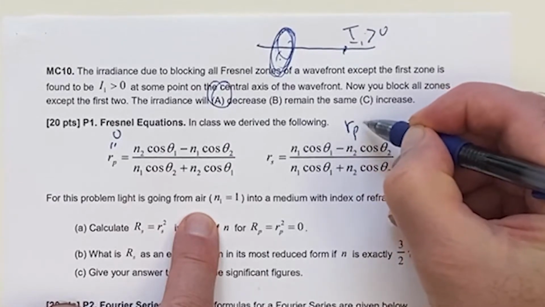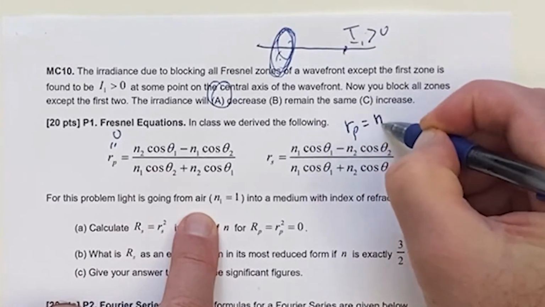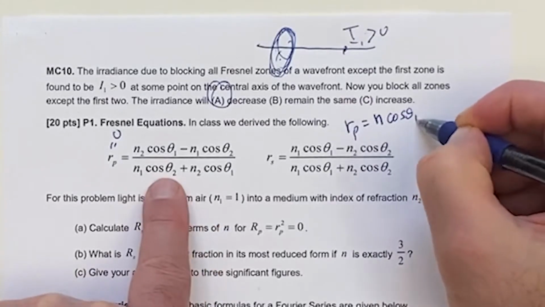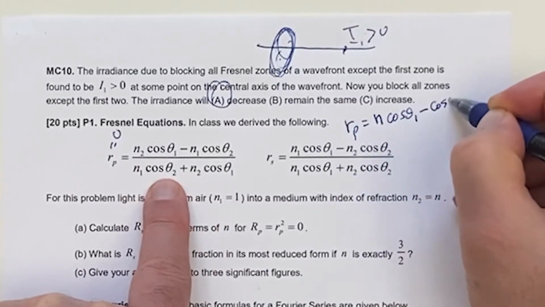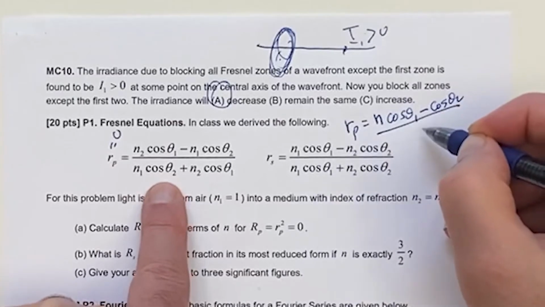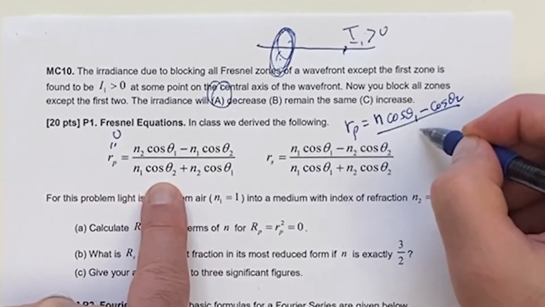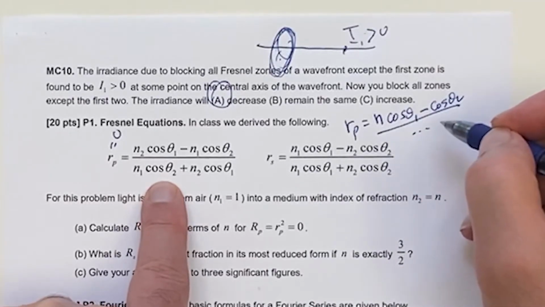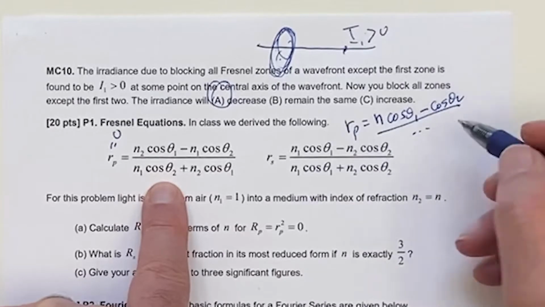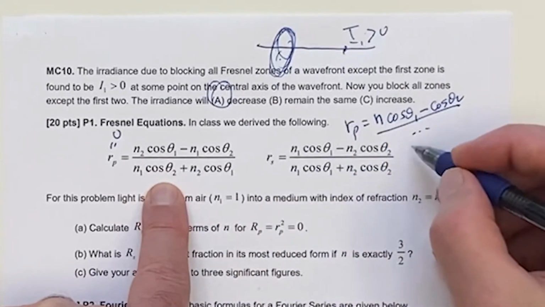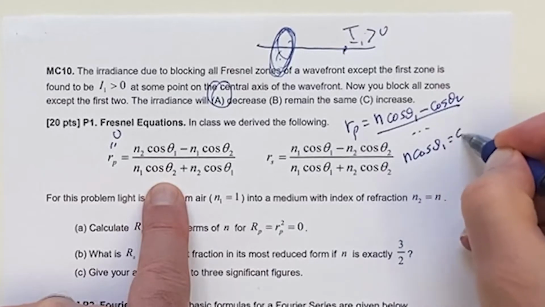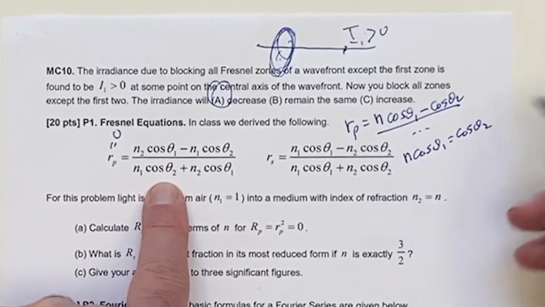RP is N times cosine theta 1 minus cosine theta 2 over, actually I really don't care what's down here. If it's an exam and my time's valuable, I might just say I just need the top to be 0, because this is not going to be 0 down here, so that means N cosine theta 1 is cosine theta 2.